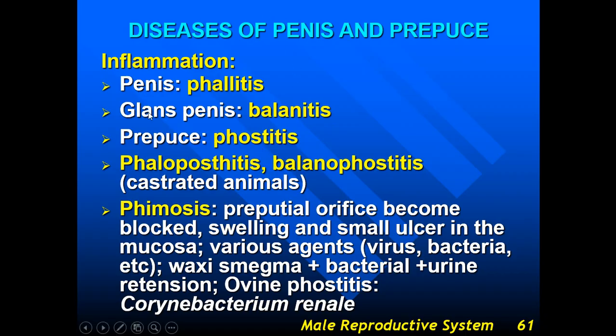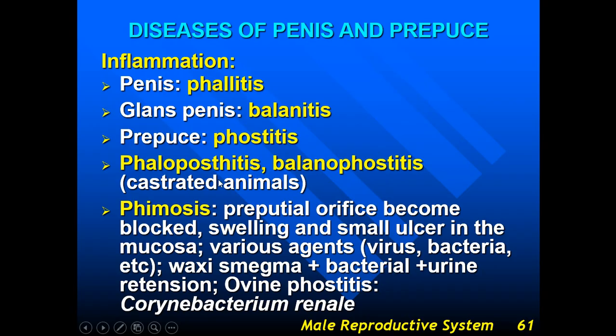These inflammations can occur not only in a particular place, but can also spread into the surrounding tissue. So cases of balanoposthitis, inflammation in the glans penis and prepuce, are really common.